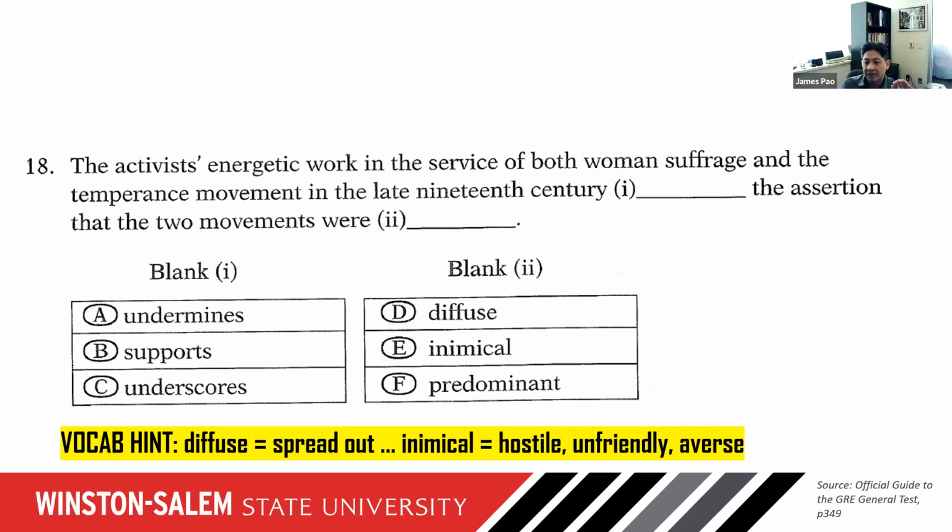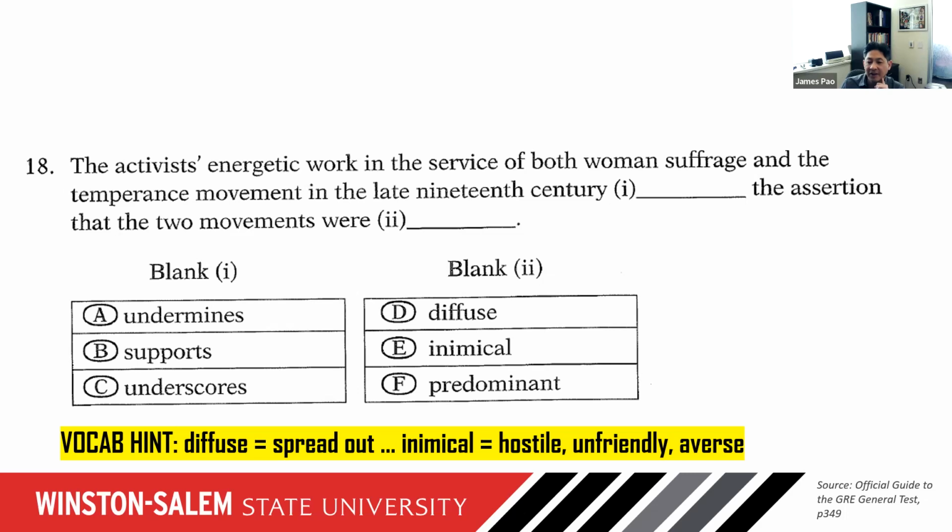So Xavier, if we went with undermines, what do you think the answer choice for DEF might be? If energetic work for both of these things undermines the assertion that the two movements are what? I want to say E. Yes, E would be correct.